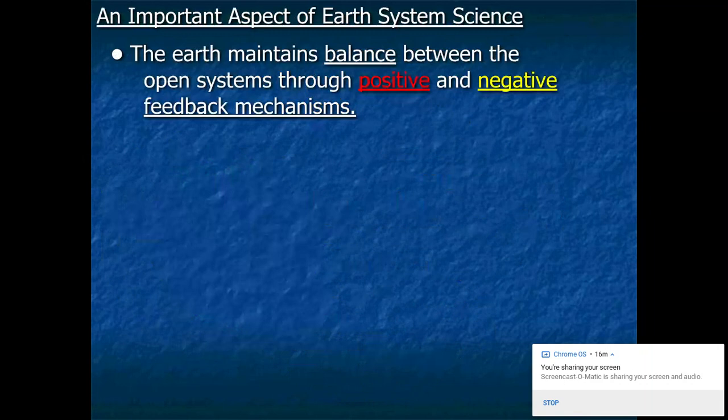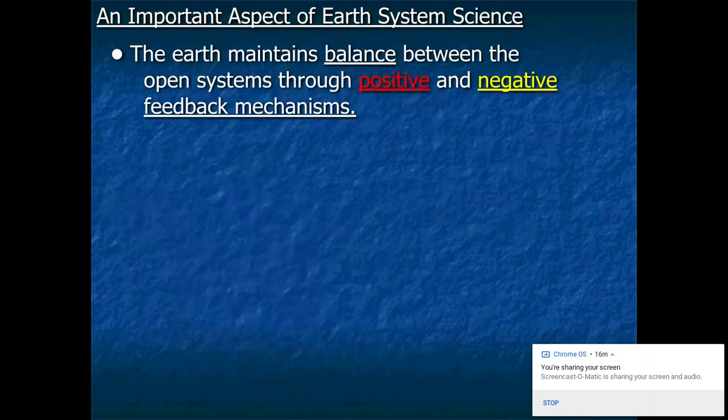And the important aspect here is what we call positive and negative feedback mechanisms. And so these positive and negative feedback mechanisms interact with one another to maintain a balance between these various interactions of the open systems.